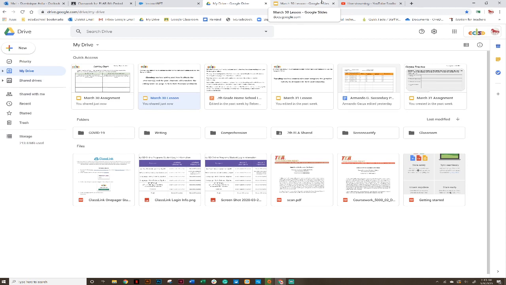Just make sure you're doing every day's work and turning it in in a timely manner. Try not to do it at the last minute, all right? So again, you do not have to do these parent assignment logs. If you already did it for Monday, that's great, but we do not need them anymore. We will not be taking them up anymore. Again, if you guys have any questions, let me know, all right?